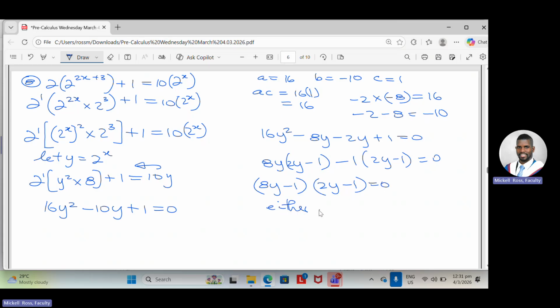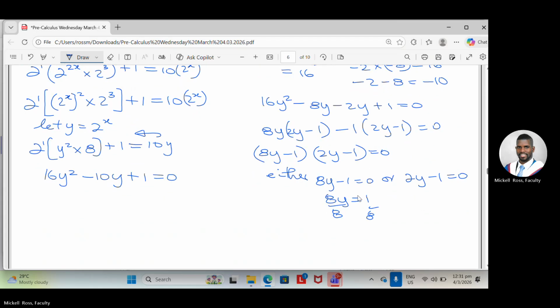So either 8y minus 1 is equal to 0 or 2y minus 1 is equal to 0. Solving, 8y is equal to 1, so y is equal to 1 over 8. 2y is equal to 1, so y is equal to a half.